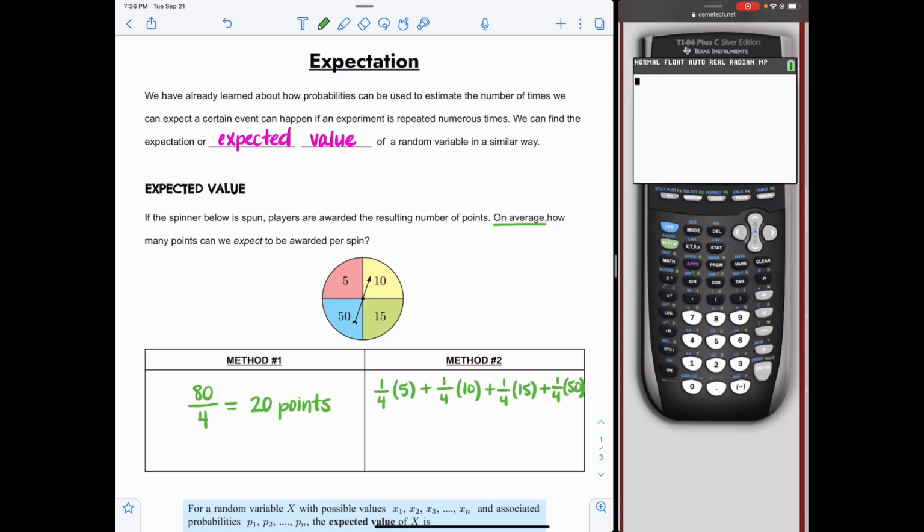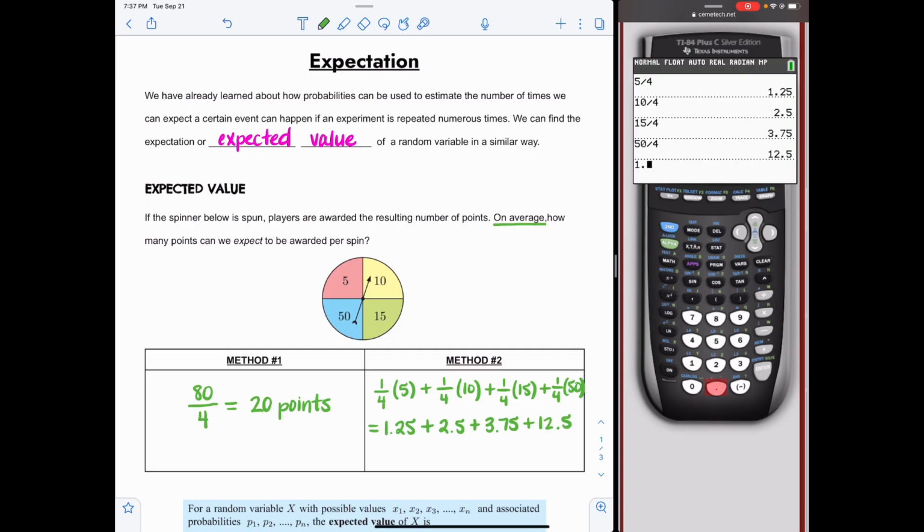If I take all of these numbers and multiply them by 1/4, I will have 5 divided by 4, which is 1.25, plus 1/4 of 10, which is 2.5, plus 1/4 of 15, which is 3.75, plus 1/4 of 50, which is 12.5.